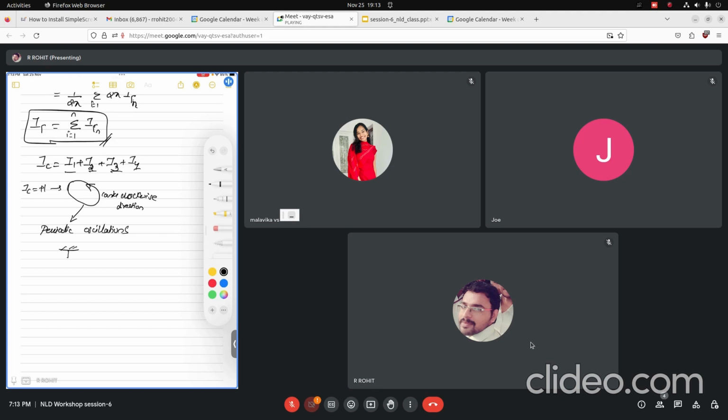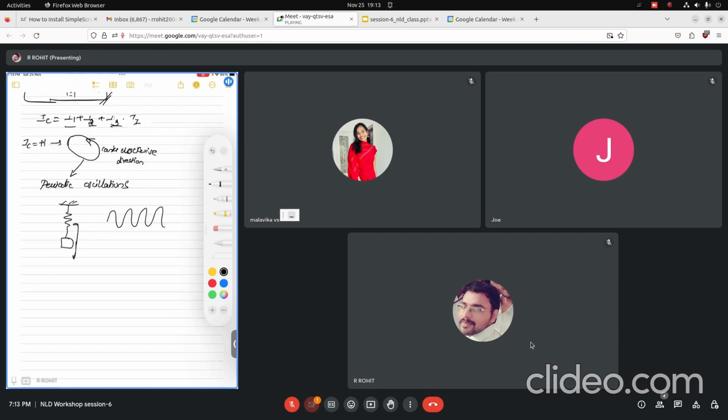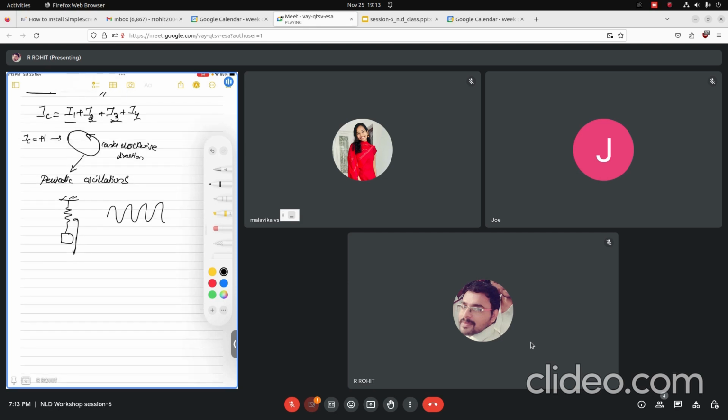We previously saw there was a spring mass system, and when the spring is having a periodic oscillation, you will have something like sinusoidal waves being created like this. That is the actual time series when you see. But in a nonlinear perspective, this starts somewhere at this point and it comes back and goes again on the same curve. So these kinds of closed curves, if you are observing them in a dynamical system, represent a periodic oscillation.